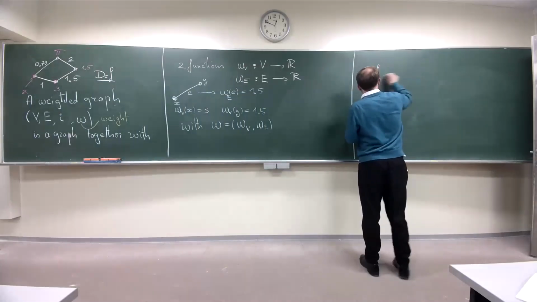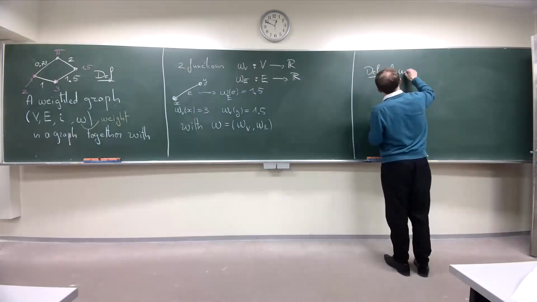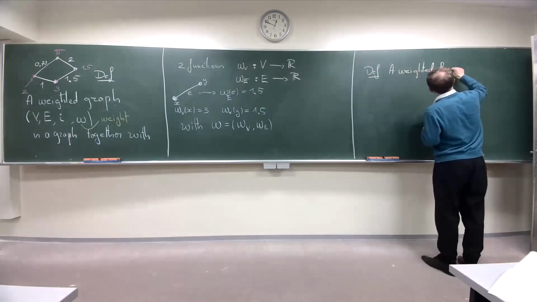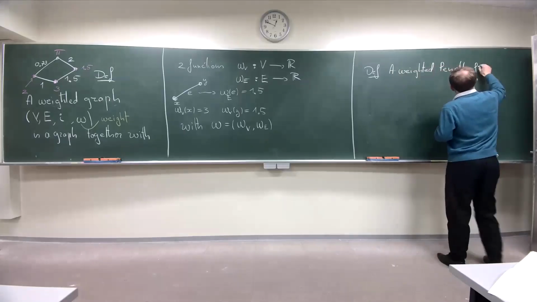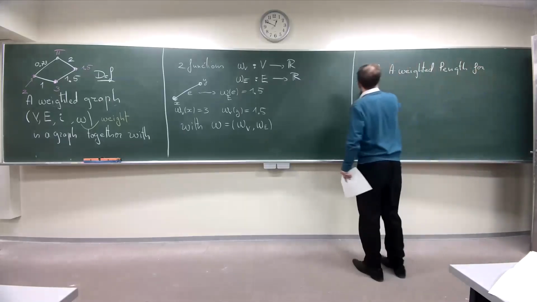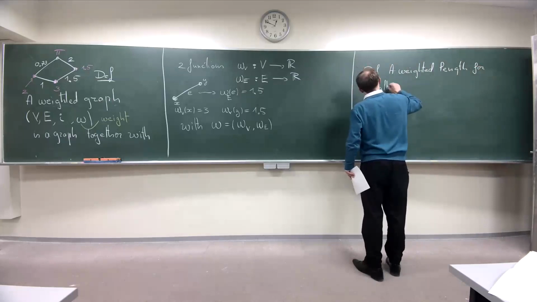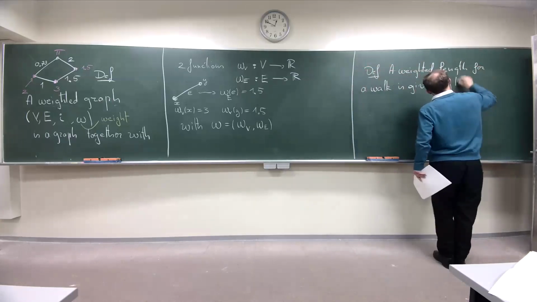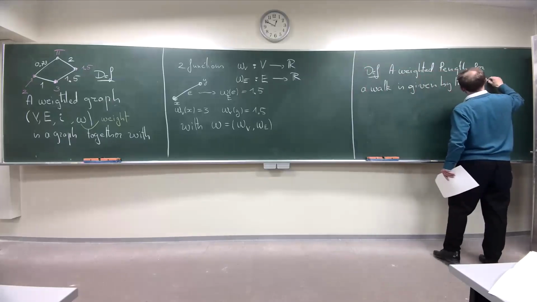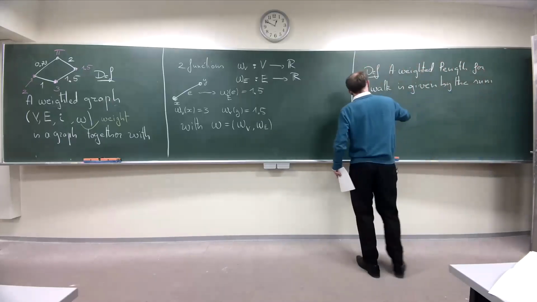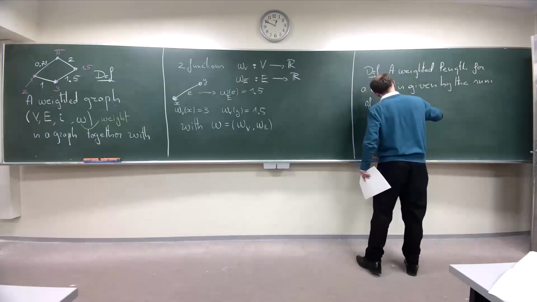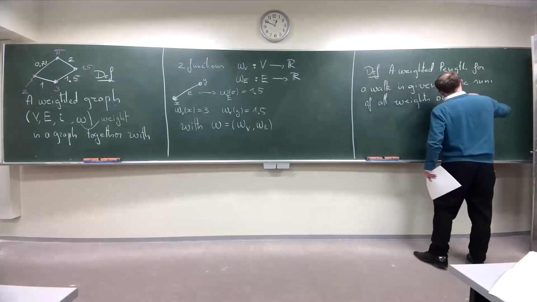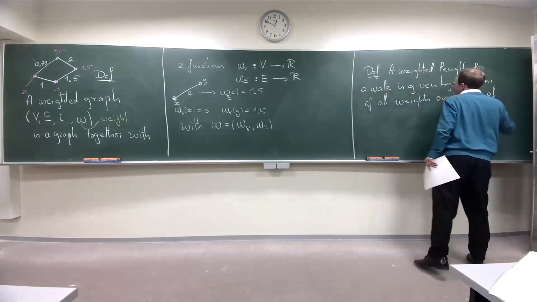So the definition is: a weighted length for, let's say, a walk is given by the sum of all weights on edges of the walk.